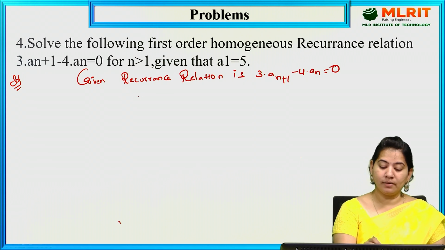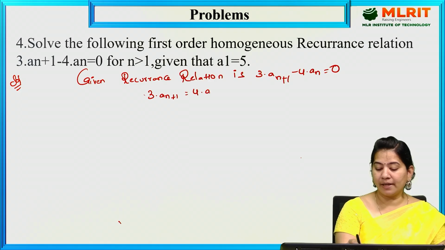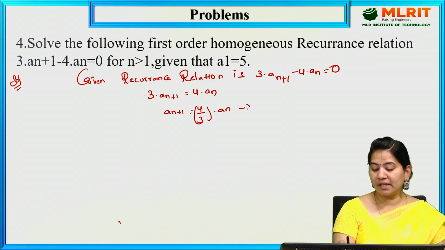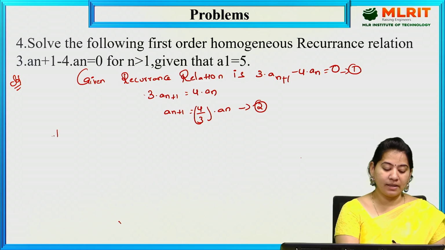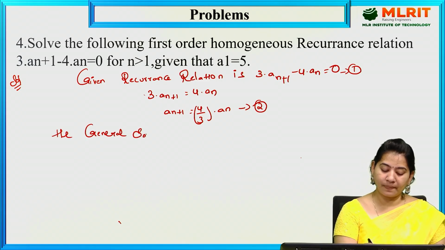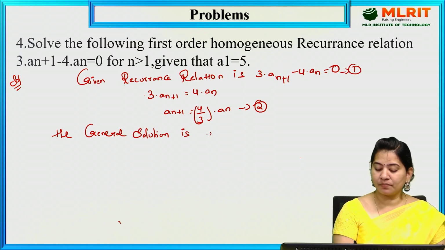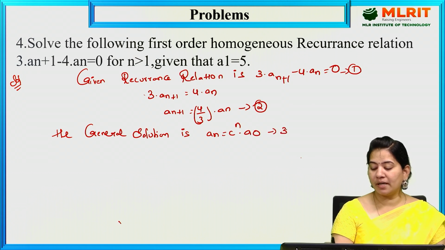So 3 into an plus 1 is equal to 4an, and an plus 1 is equal to 4 by 3 into an. This is equation 1 and this is equation 2, and the general solution is an is equal to c power n into a naught.